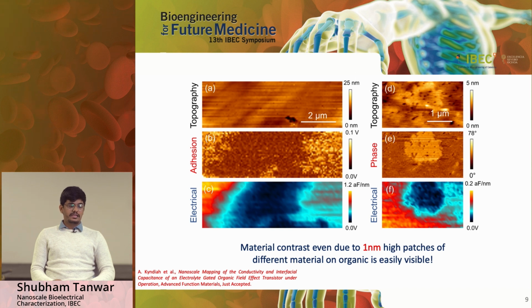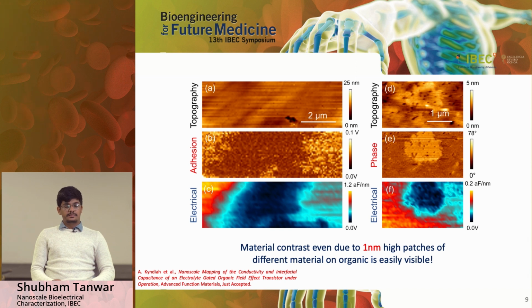And in the electrical images you can easily see that they show a contrast. In such materials, even 1 nanometer patches can be easily distinguished with this technique. So this technique is very effective in telling us about the heterogeneity at the nanoscale in liquid measurements.